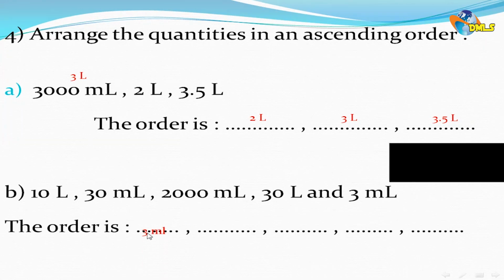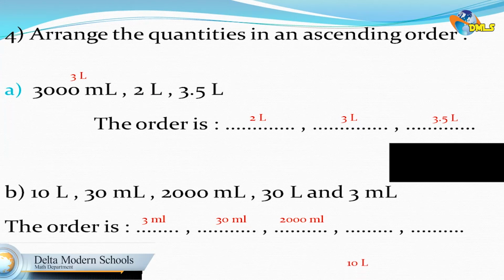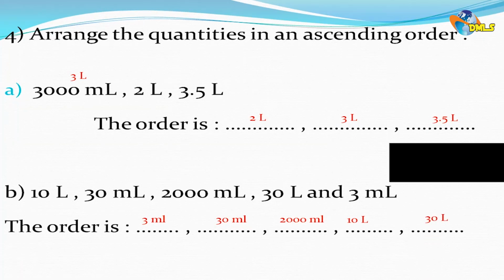Time's up. The first, of course, will be 3 milliliters. Second, yes, that's right, 30 milliliters. Next, of course, 2000 milliliters. Next, yes, 10 liters. And the last one, of course, will be 30 liters.